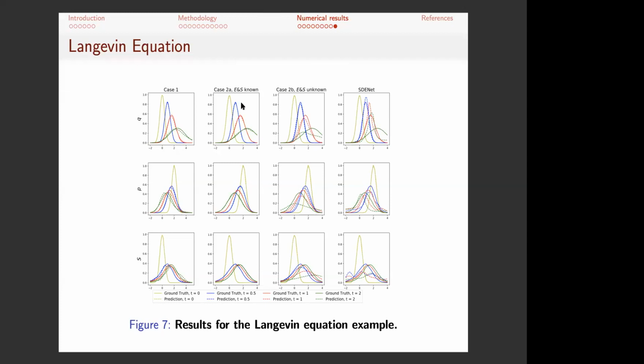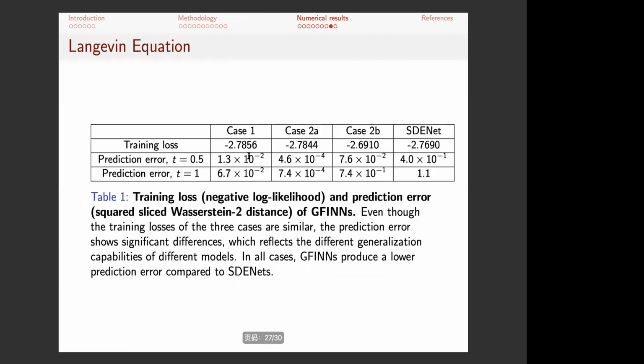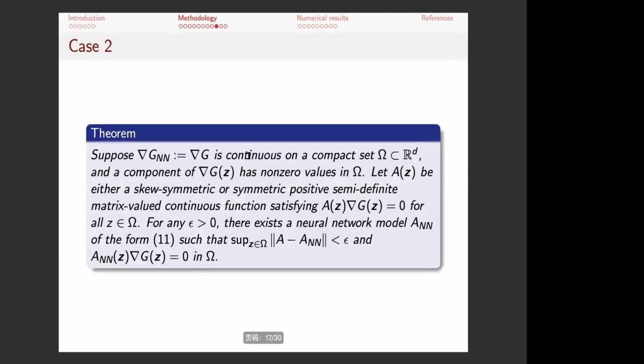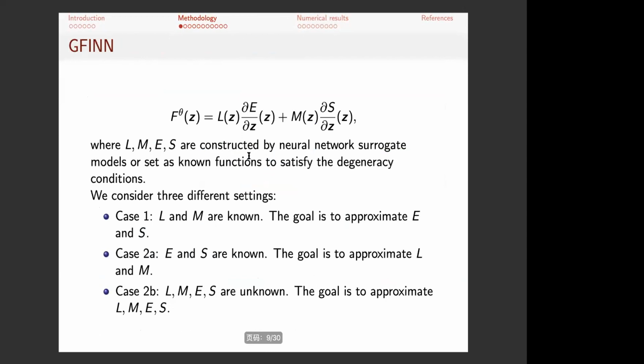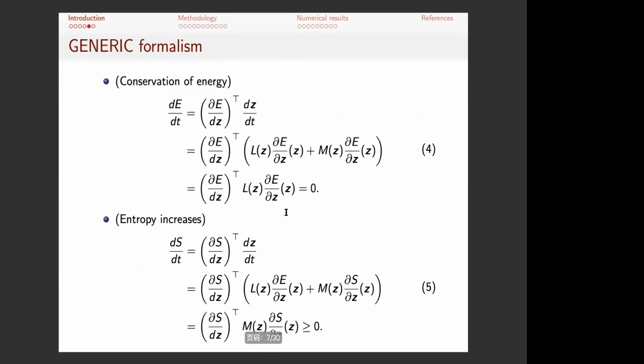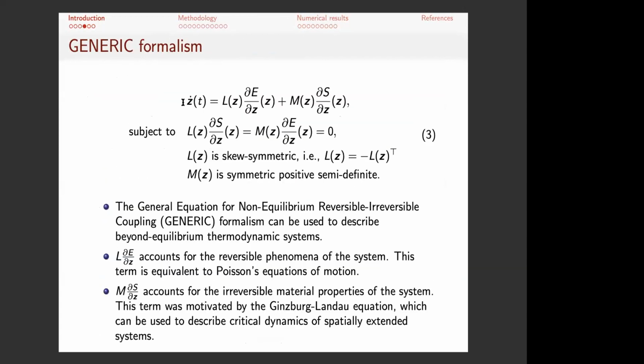Another issue is that here we assume that we have the full observable of the function z in the generic formalism. You can see that this is the generic formalism, and we assume that we have every variable in this z.